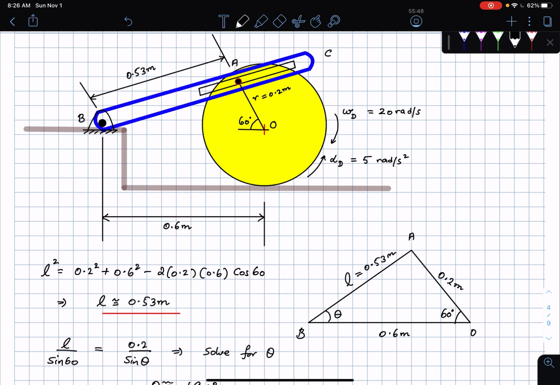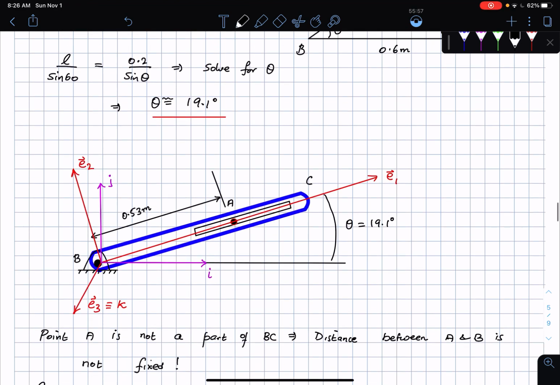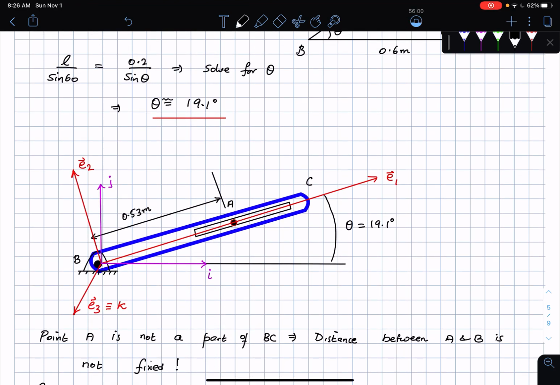In fact, the distance 0.53 was given to us, but we still calculated it anyways. Then I make use of the fact that A is not a part of the bar BC, which means that I have to set up a new pair of coordinate frames, E1 and E2, which will track the motion of the point A relative to the bar BC. This is at an angle of 19.1 degrees with respect to the I direction. So that's necessary for us to know.